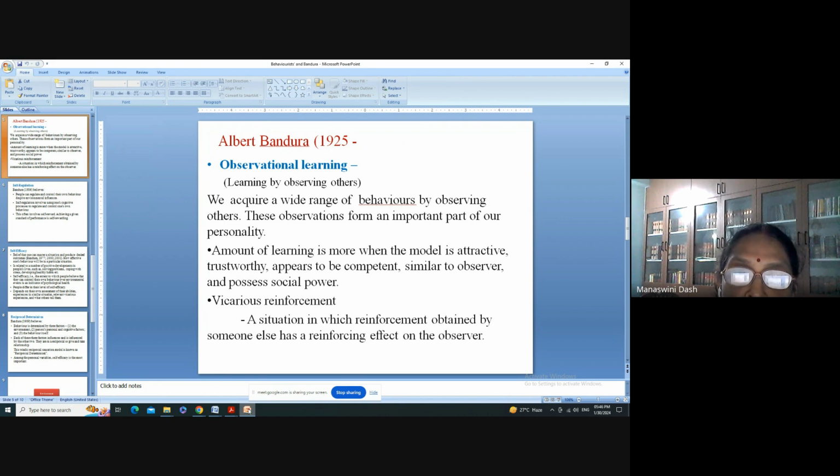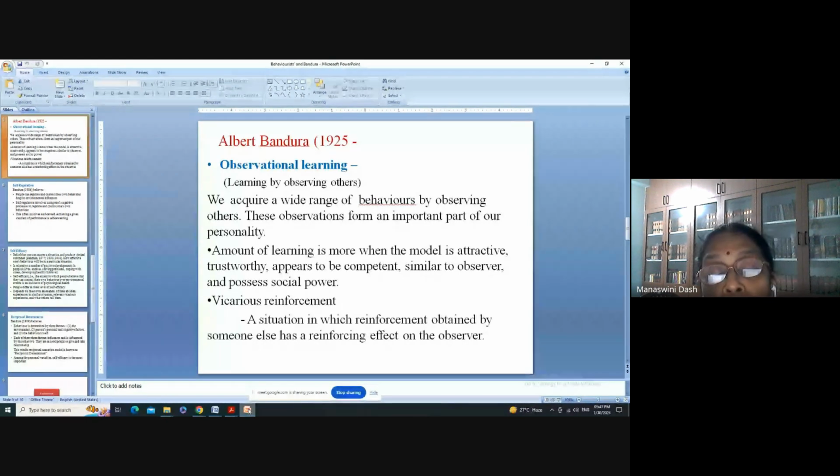The model is the person whose behavior we are imitating. So the amount of learning is more when the model is attractive, trustworthy, appears to be competent, similar to the observer, and possesses social power. We very often imitate the behavior of film stars because they are attractive.